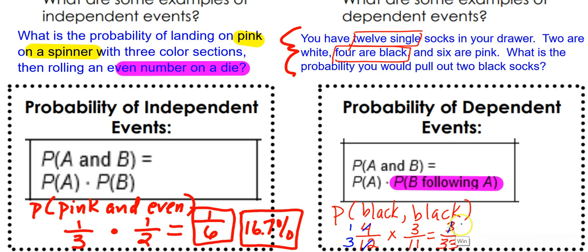So 3 goes into 3 once, and 3 goes into 33 11 times. So we have 1/11. And then we're going to go ahead and write that as a percent. 1 divided by 11 is going to be 9.1%. So there's a 9.1% probability, if you just randomly reached into your sock drawer, that you would get 2 black socks.